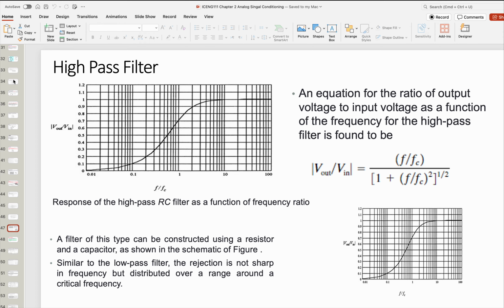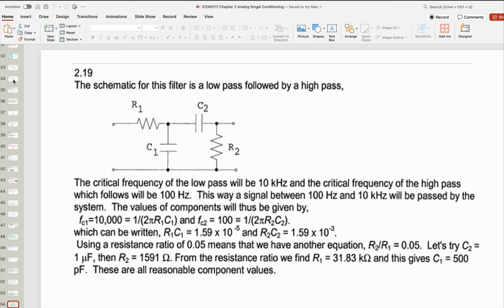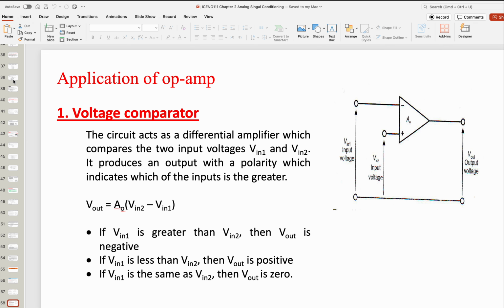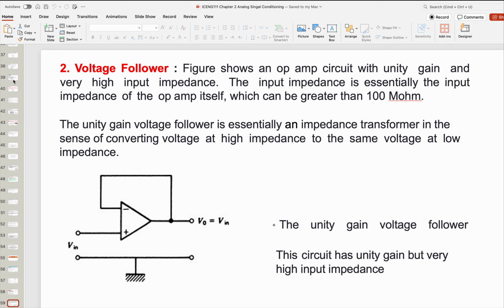Now, removing a noise, you need a filter, and this is the way that we said that we can remove noises. But in this case, because of the internal impedance that the amplifier has, you can see the input impedance is essentially the input impedance of the op-amp itself, which can be greater than 100 mega ohms.